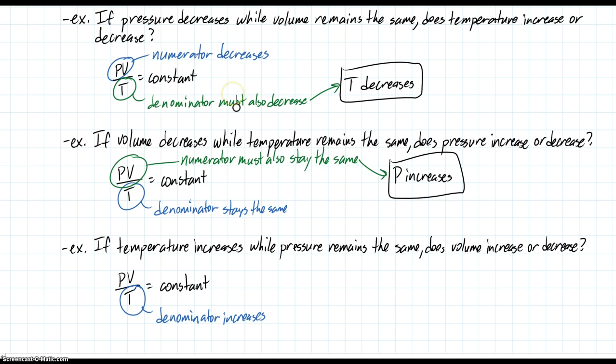For PV over T to be constant, that means the numerator must also increase. So pressure times volume is increasing, but we know the pressure is staying the same, so the only way that P times V can increase is if the volume increases.